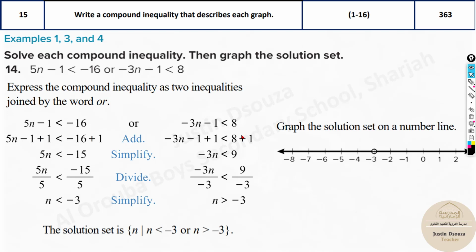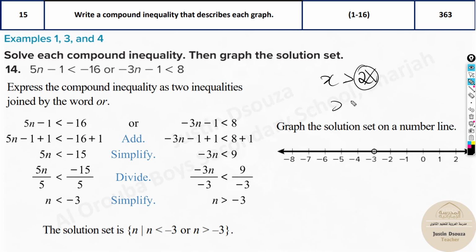Now in this, there is one important thing to notice. It's all real numbers except for minus 3. Look here, it is less than and greater than. What does x greater than 2 mean? It can be any value greater than 2, but not less than or equal to 2. It cannot be equal to 2 as well.